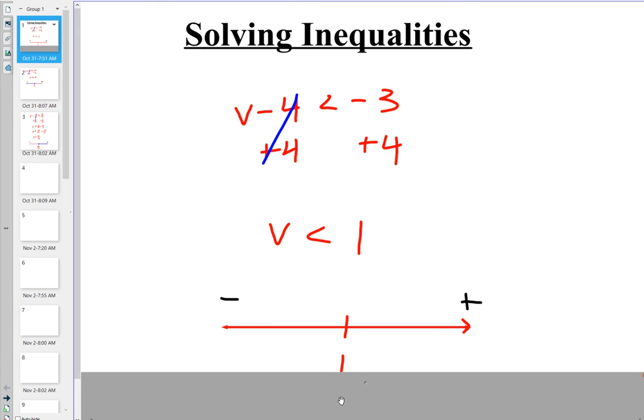So you're going to draw the number line. But instead of having to draw a bunch of extra numbers on the number line, there's only one number that's important. And that's the number that you solve for.